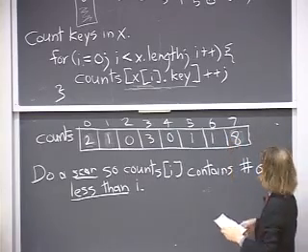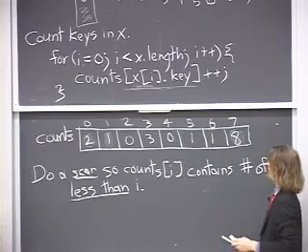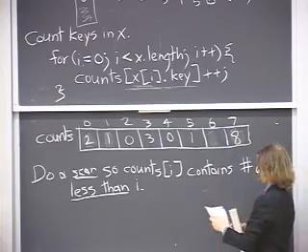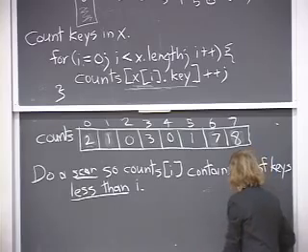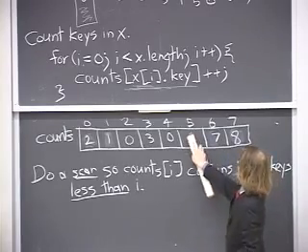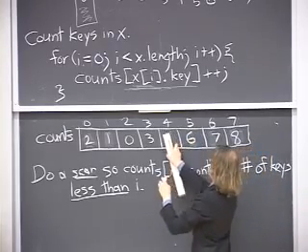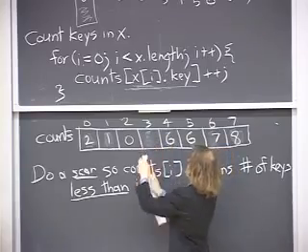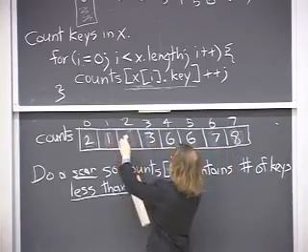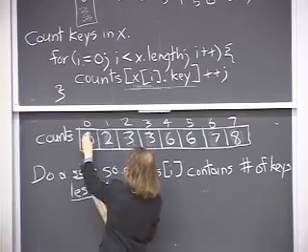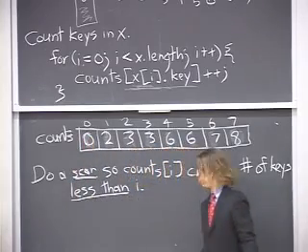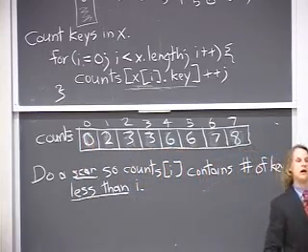And this one, everything to the right adds up to 7. This one's going to be 6, this one's going to be 6, this one's going to be 3, this one's 3, this one's 2, and the first box is always 0 because there are no keys less than 0.